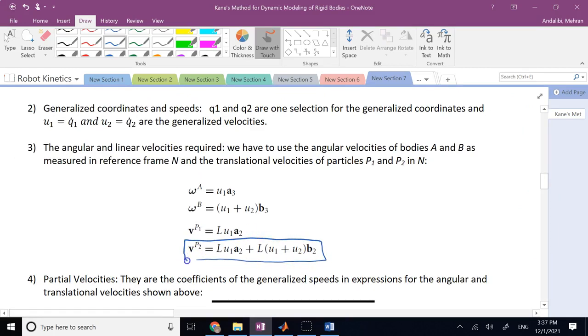But now we have to dot product this along x and y directions, or n1 and n2, to get the horizontal and vertical components, because the constraints I have applied are with respect to the inertial frame, about n1 and n2.